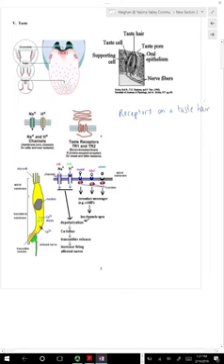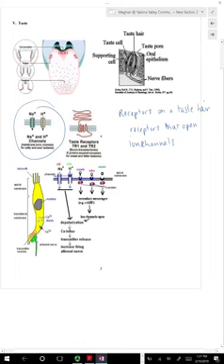Okay. And there are two different types of receptors that we could have. They could either be receptors that open an ion channel, and those receptors are the ones that are over here.